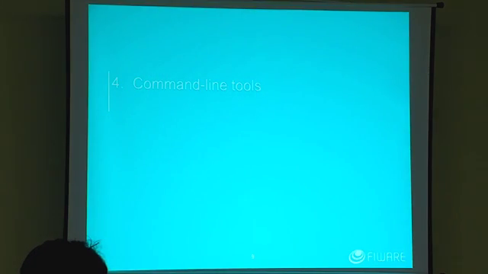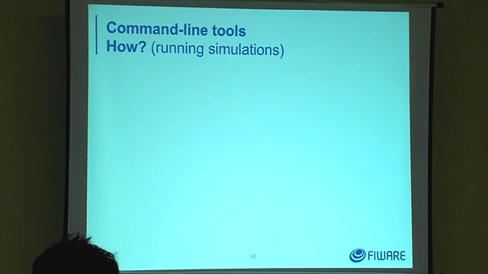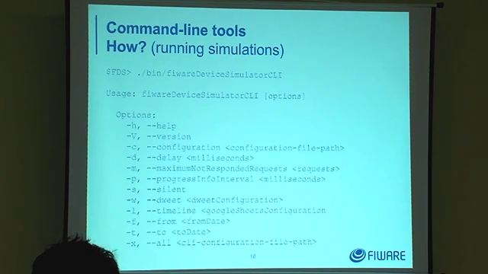Once installed, you will be able to use the provided command line tools. There are two main tools. The first one, the most important one, is the one you will be using to run the simulator. As you can see, there are many options. We will be covering some of them. The most important one is the C option, where you will be providing the configuration file.